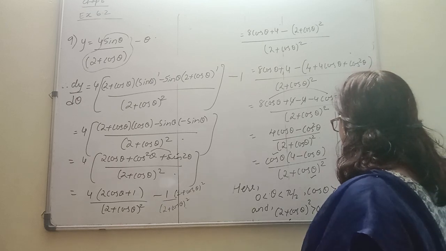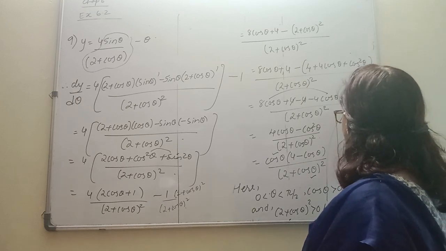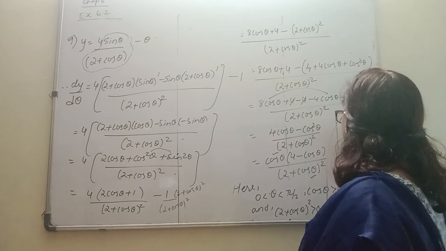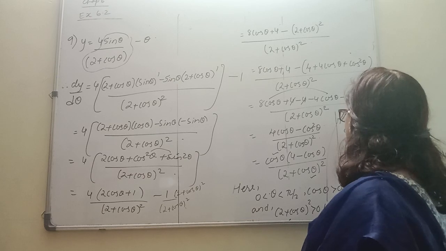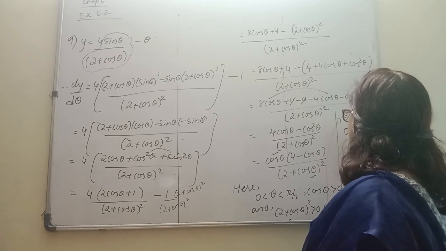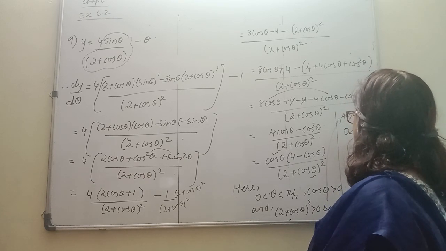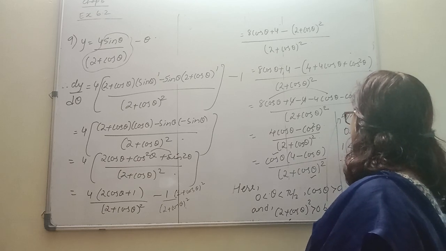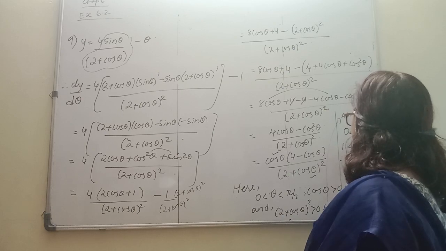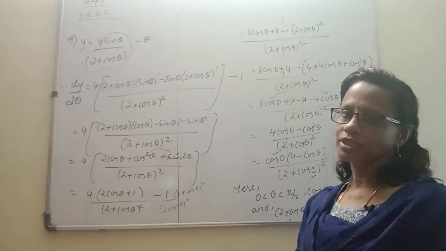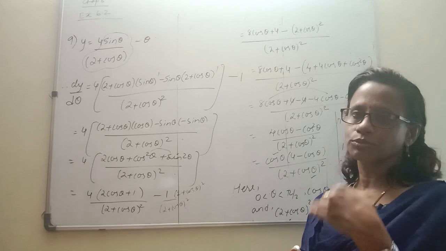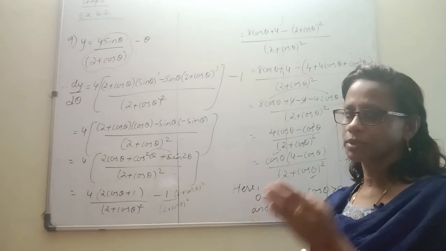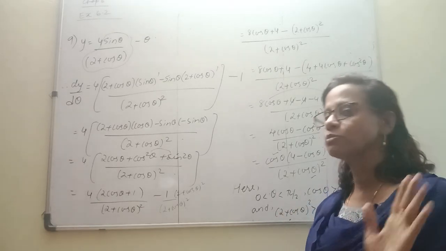I continue here. Also, for 0 less than theta less than pi by 2, cos theta is between 1 and 0. So as a result, 4 minus cos theta is definitely positive. It can be half, it can be root 3 by 2 or whatever. Then in that case, 4 minus that half, or 4 minus root 3 by 2, or 4 minus 1 by root 2 is anyhow positive.